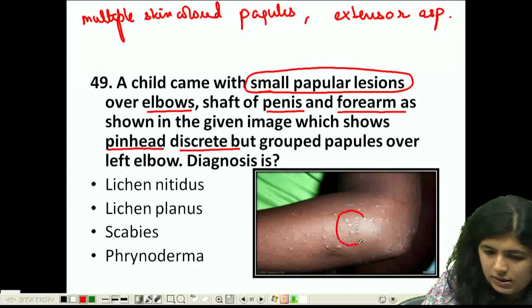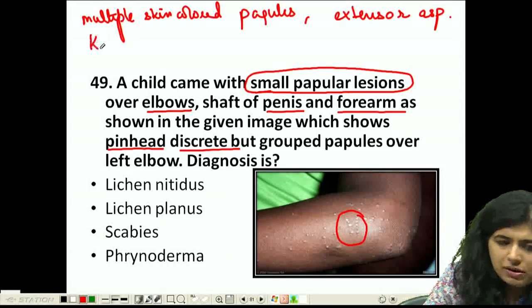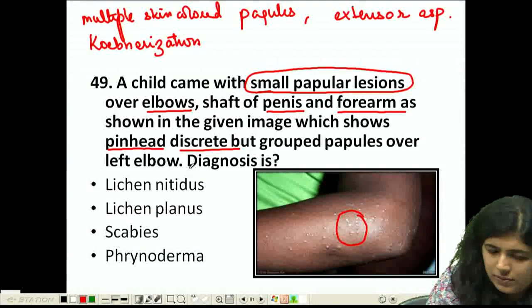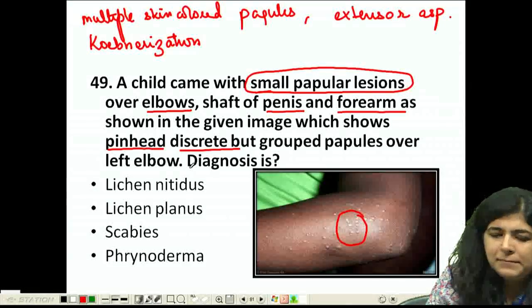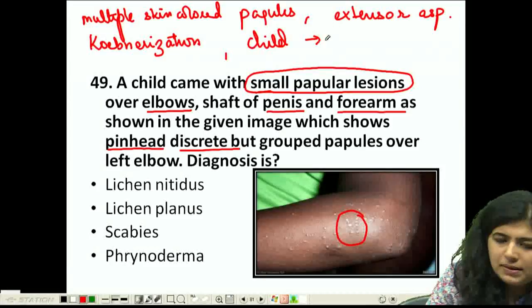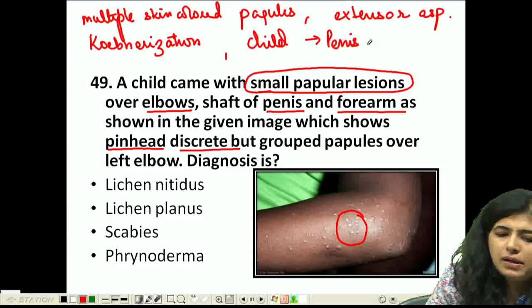Then look at this here, shows evidence of Koebnerization. It is in a small child. Penis is also involved. What is the diagnosis?